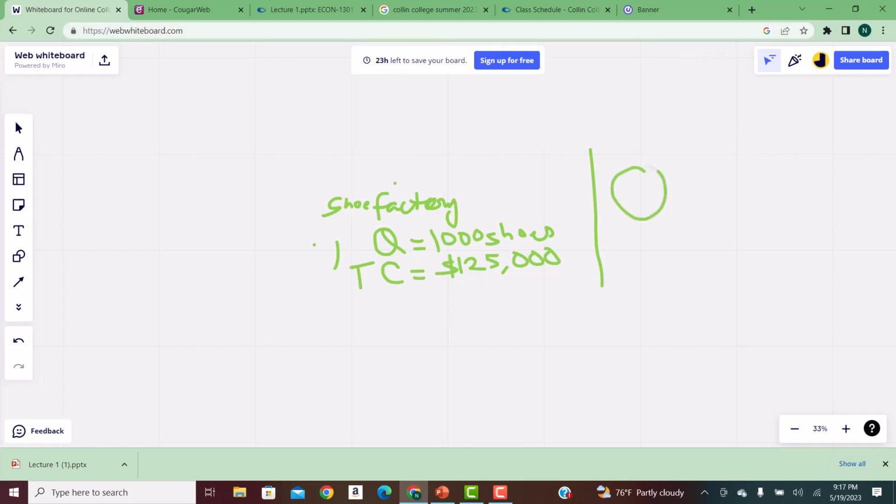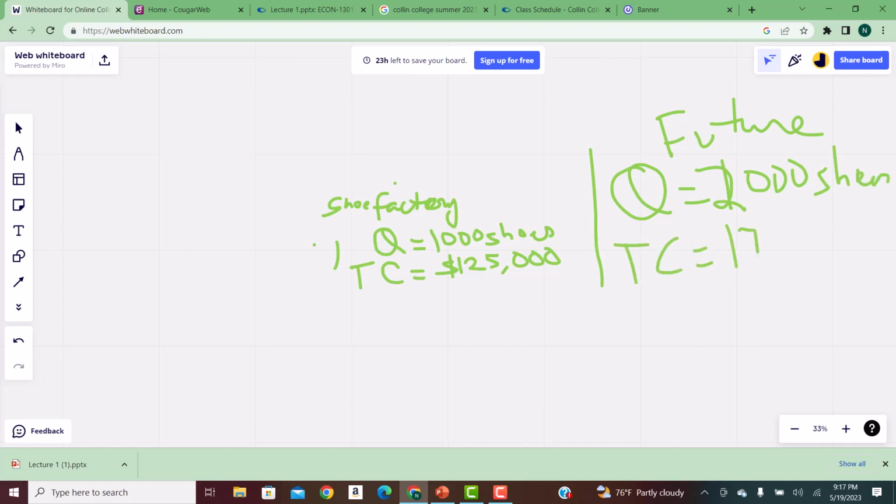In the future, they will produce 2,000 shoes, and the total cost to produce these 2,000 shoes is $175,000. Okay, so this information is given to you.